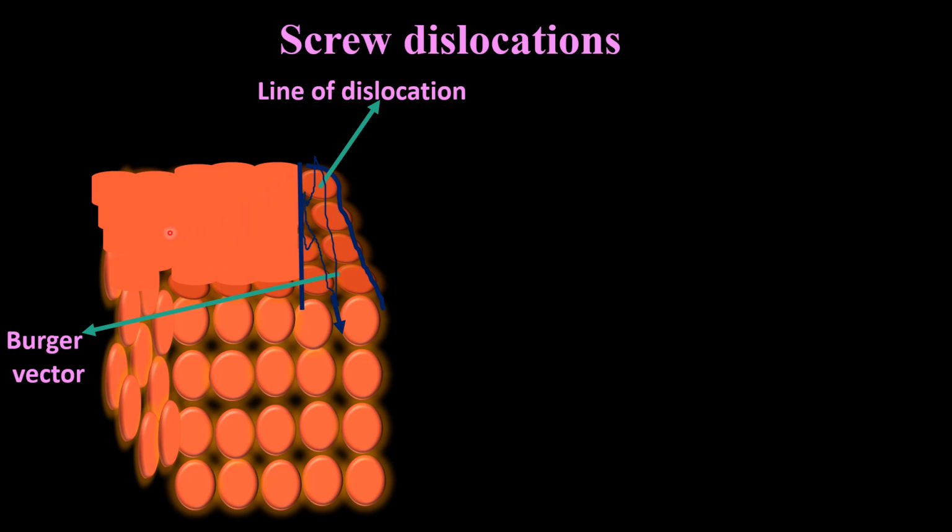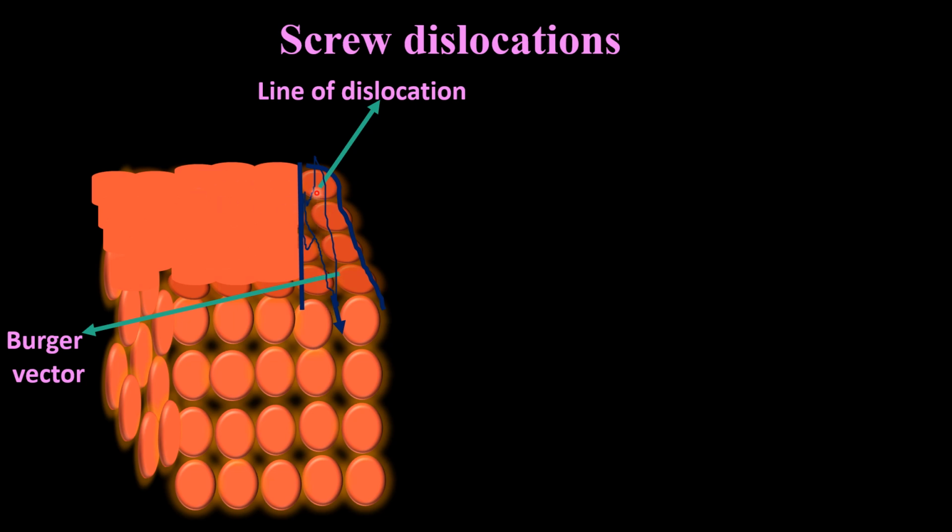The upper front region of this crystal is shifted to the left with respect to the right. That is, when we apply the shear stress along this direction, this upper portion is shifted to the left side with respect to this bottom region. So the atomic distortion associated with this screw dislocation is also linear, that is, along the line of dislocation.